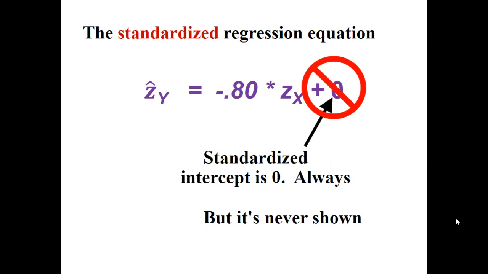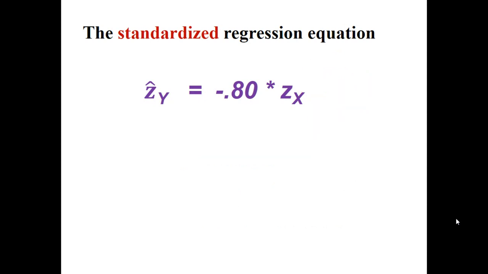It doesn't add anything. Negative 0.80 times z is equal to negative 0.80 times z plus 0. The little hat over the y tells us it's a prediction, an estimate. Okay. So the standardized regression equation is always written like this, without the intercept.